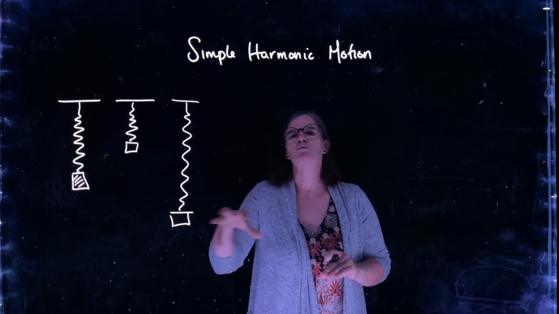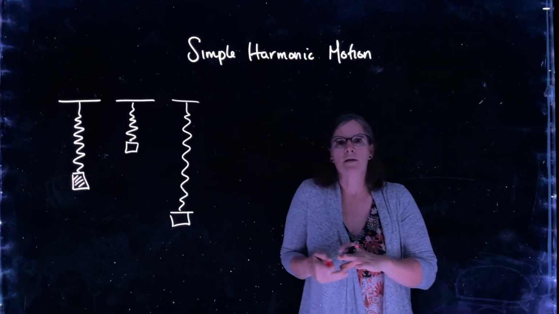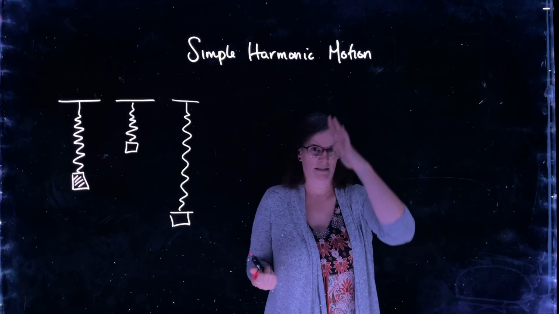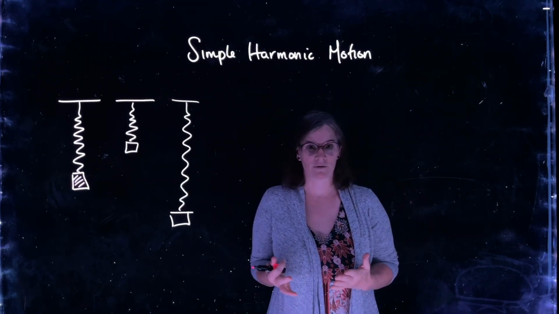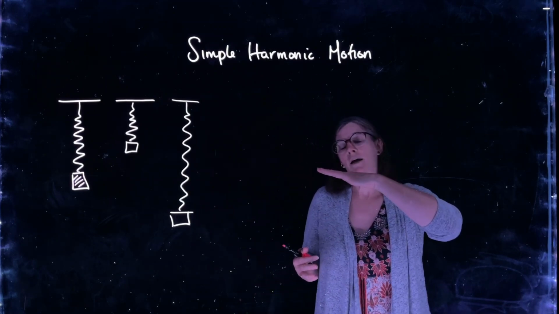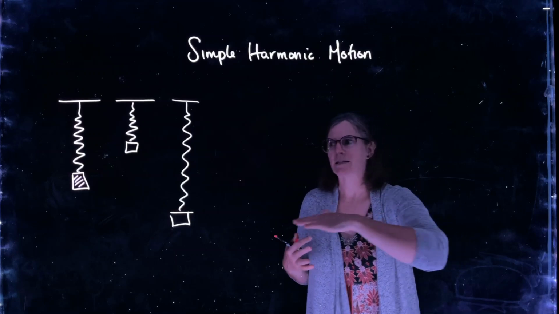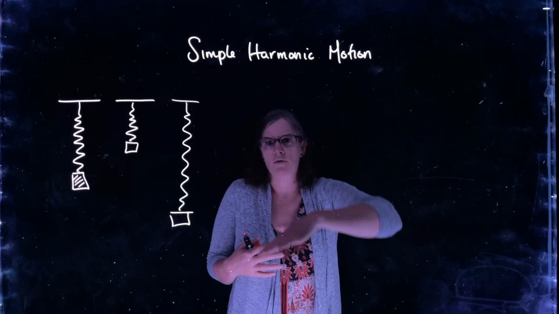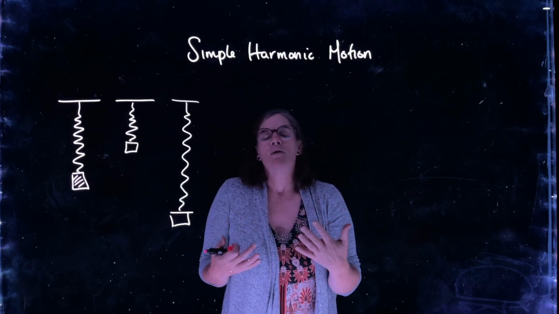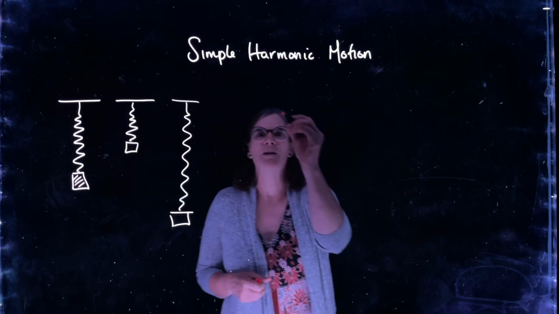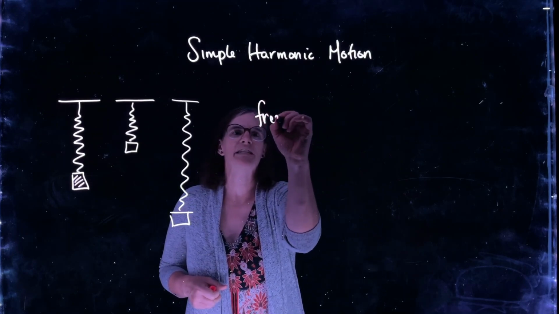If we're going to describe that motion, we can talk about how many oscillations it's doing in a certain amount of time. So when we talk about the number of oscillations, the cycle up, then down, then back up, in a given amount of time, we call that the frequency of the motion.